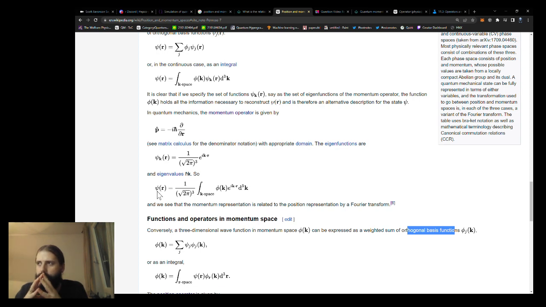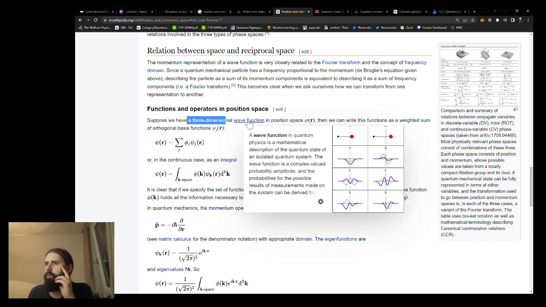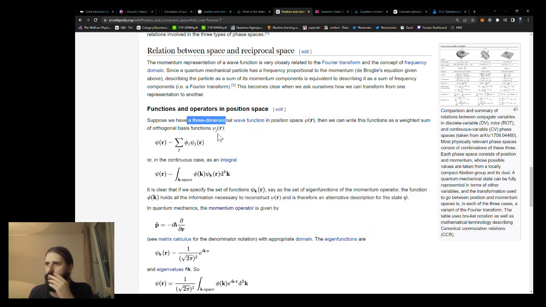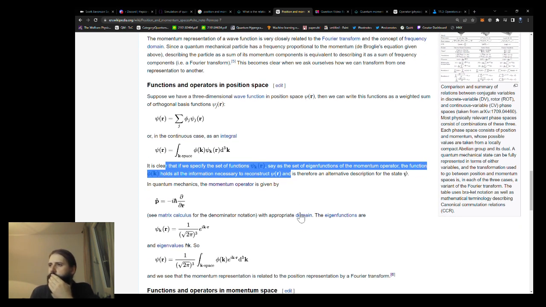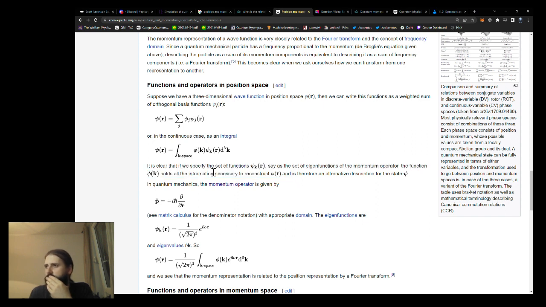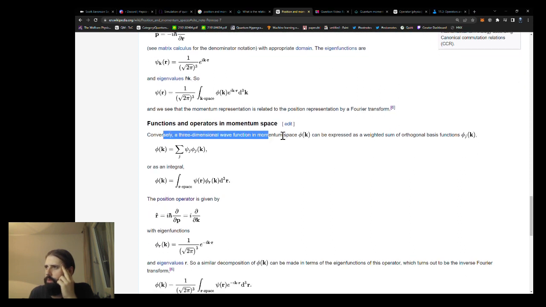If you express a wave function in position space together with a set of functions, say momentum operator, the function holds all the information necessary to reconstruct the three-dimensional wave function in momentum space.